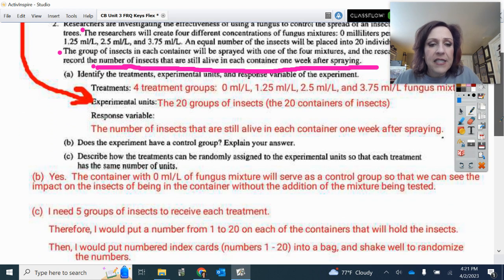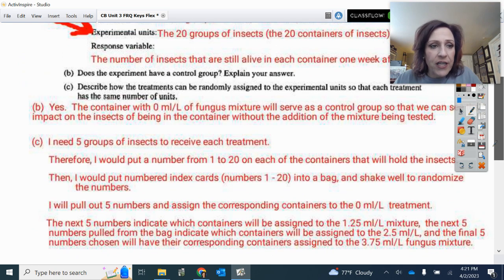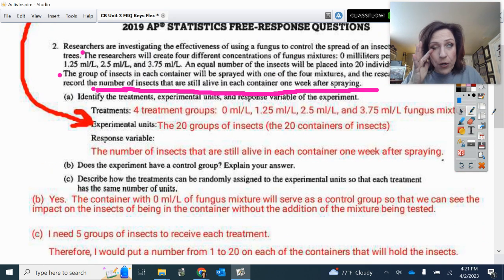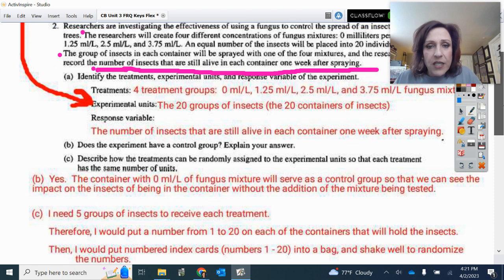All right. Does it have a control group? Explain your answer. They actually did not require that you said yes. If you had said the containers that got the 0 milliliters of fungus mixture serve as the control group. I did both, because a lot of times that gets the student.